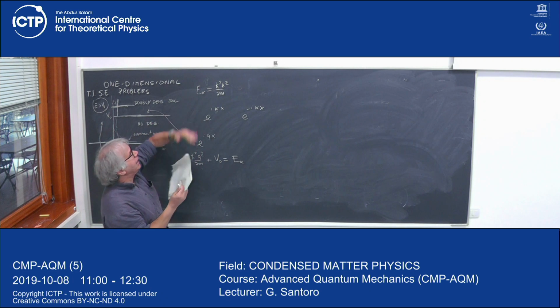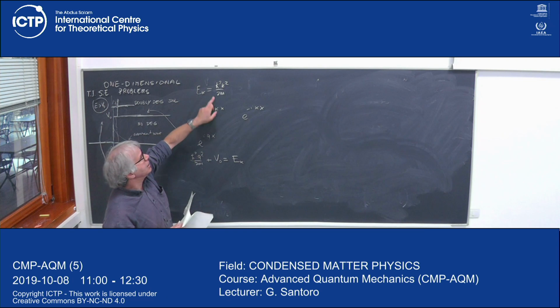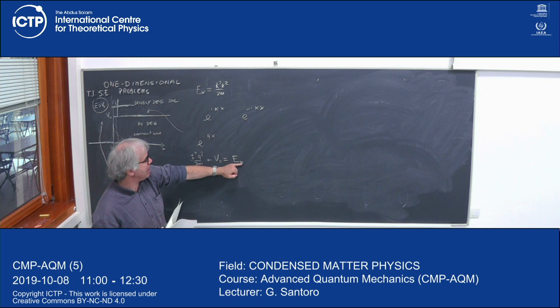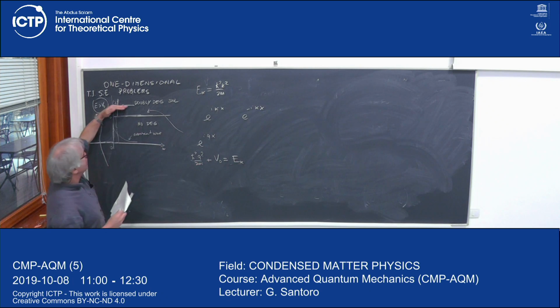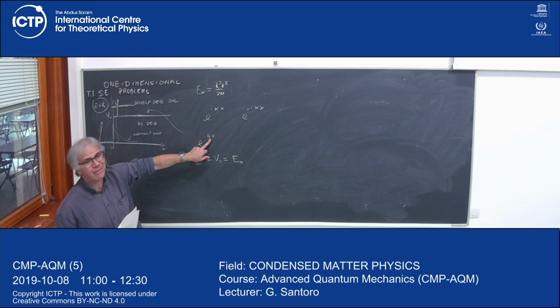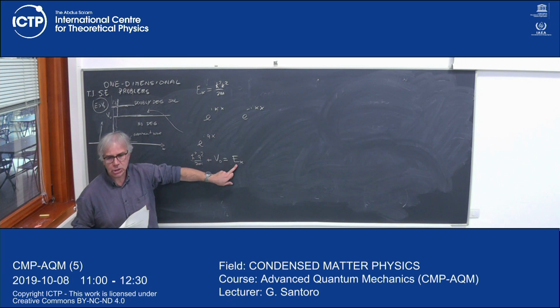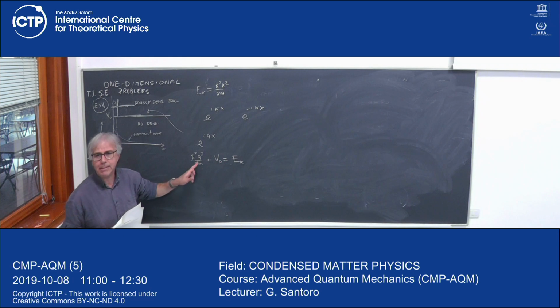Given an E, which is above V0, this fixes the k in this way, but the same E should also match with the wave function here, which therefore cannot have k, should have some other q, such that the kinetic energy plus the potential energy is the total energy. Is this clear to everybody? Good.